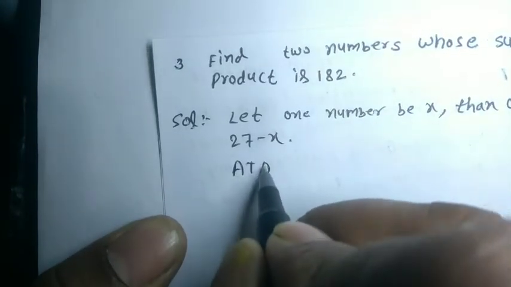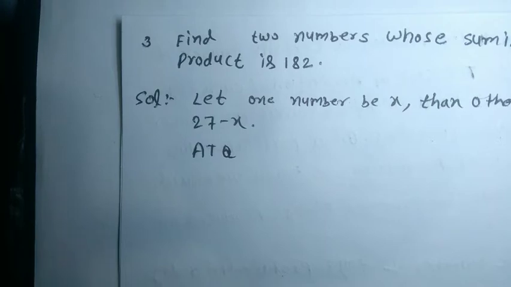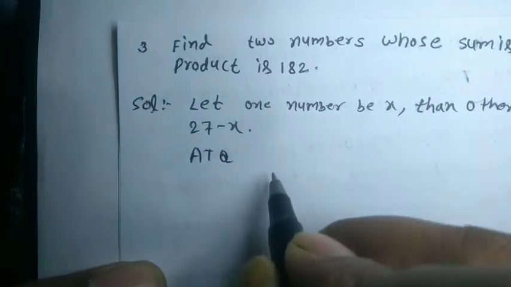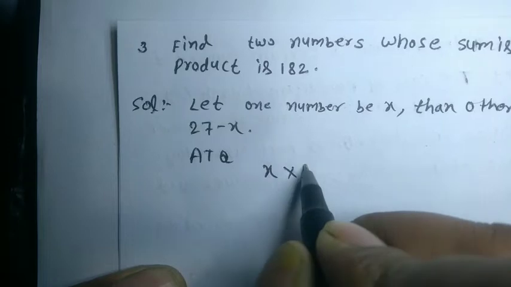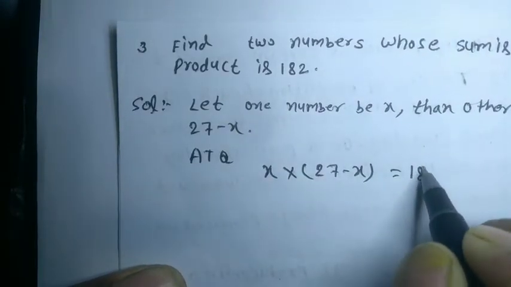Now according to the question, the product of the numbers is 182. So we write here x into 27 minus x is equal to 182.